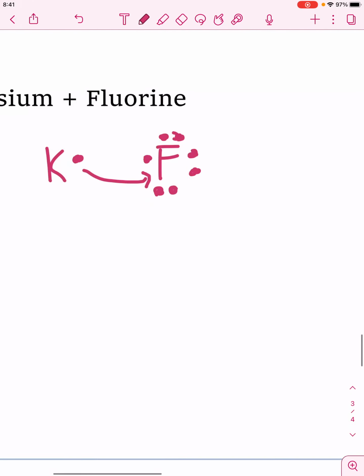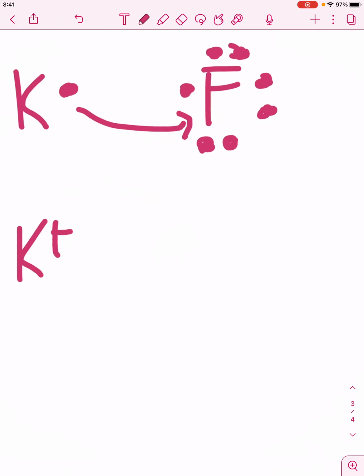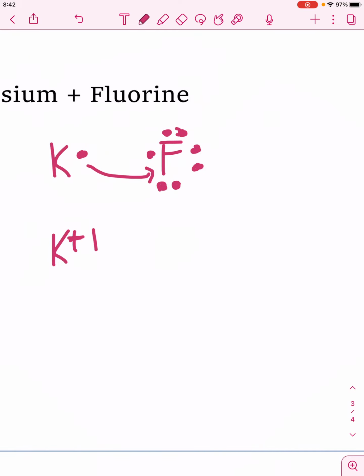So now that K has lost an electron, right? It has a +1 charge. Now that fluorine has gained an electron, it has a -1 charge. +1 there. Fluorine, -1.